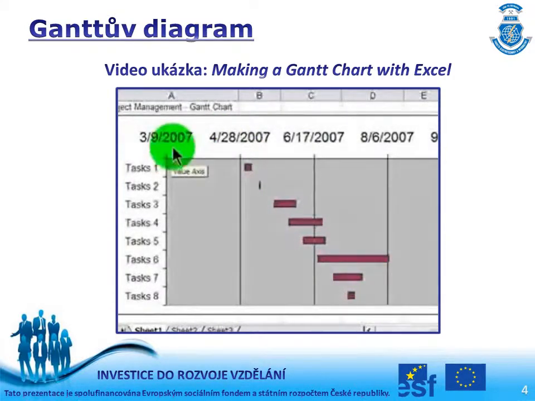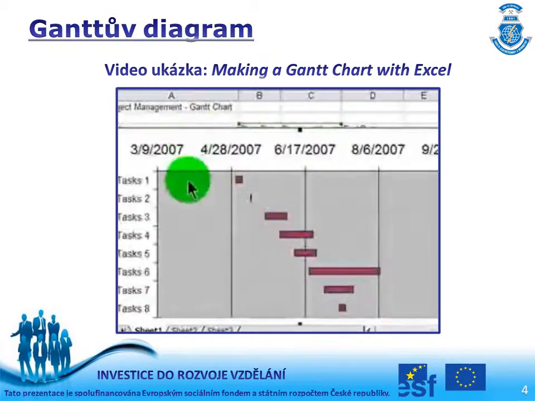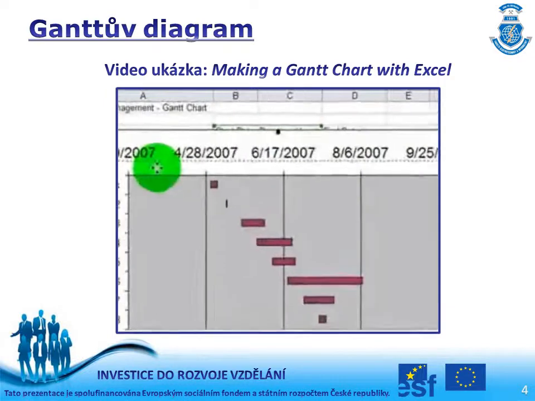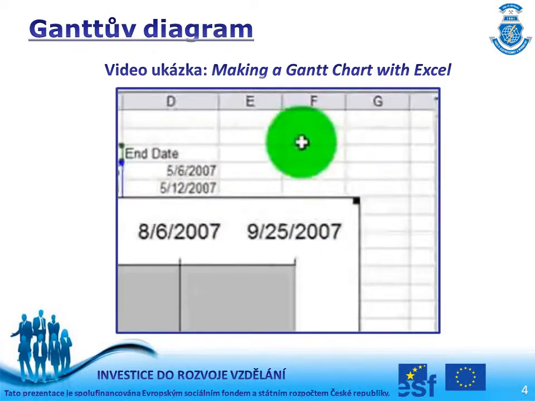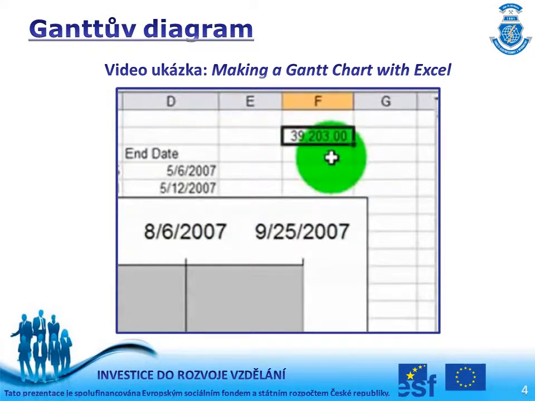Now my Gantt chart happens to be starting on March 9th, 2007, even though my first events really don't begin until May 1st. So in order to better show a date range of items here, you need to know a little bit about how Excel displays dates. For instance, in Excel, the date May 1st, 2007 is really the numeric value 39,203.